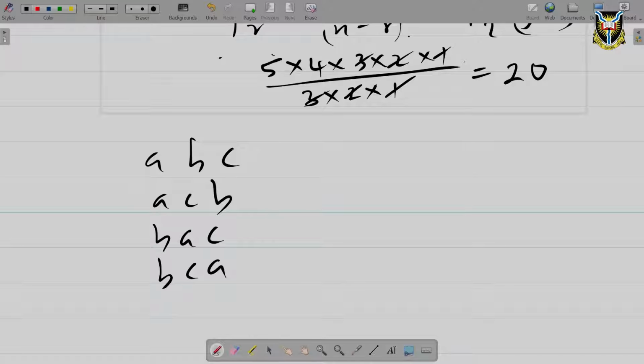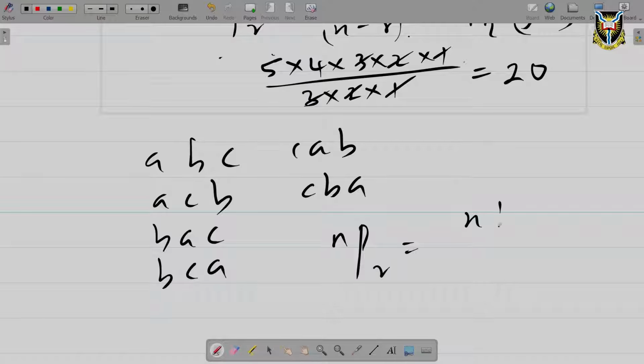If you guess correctly, then we know we can have CAB and we can have CBA. These are the total number of arrangements that is possible when we talk about permutation. Hence, the formula n permutation r equals n factorial over n minus r factorial.